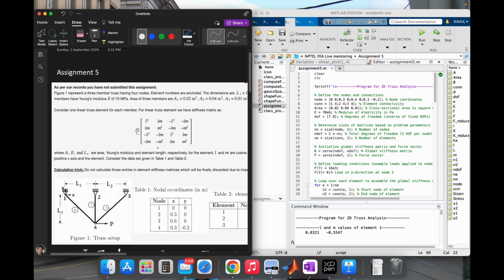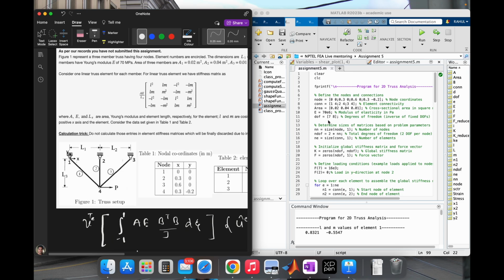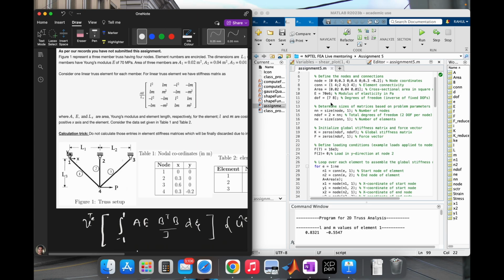Okay, and also here we need to take care of how the fixed coordinates are given. Here we can see that there are only 2 degrees of freedom, because at node 1 u1 and u2 are 0, at node 2 u3 and u4 are 0, and at node 3 u5 and u6 are also 0. Only at node 4, u7 and u8 survive, so that's why the degrees of freedom in this case are 7 and 8.